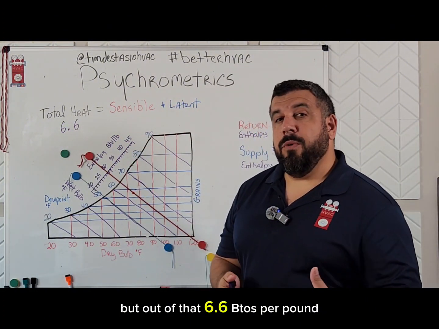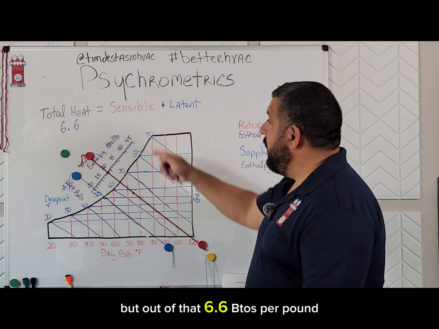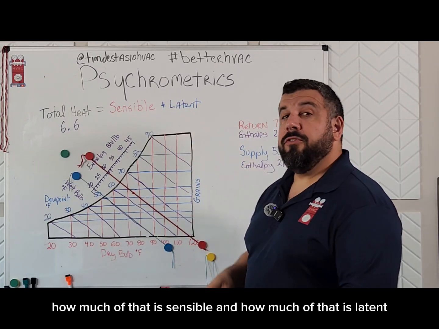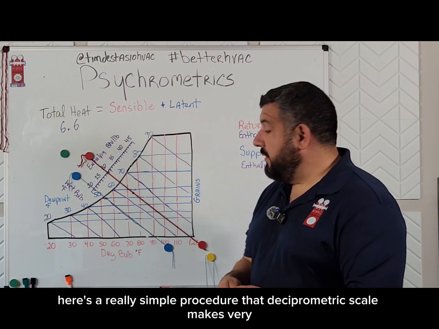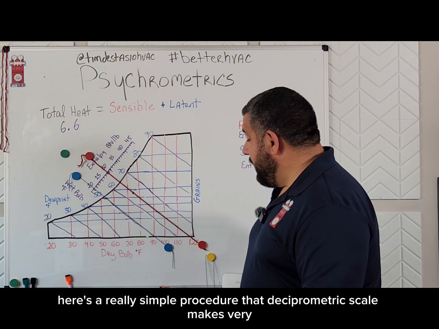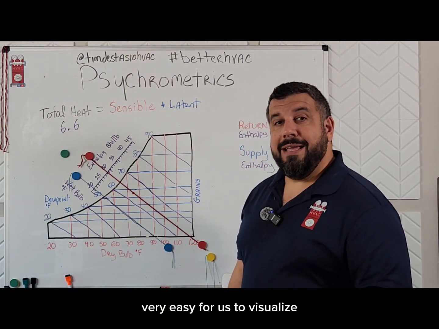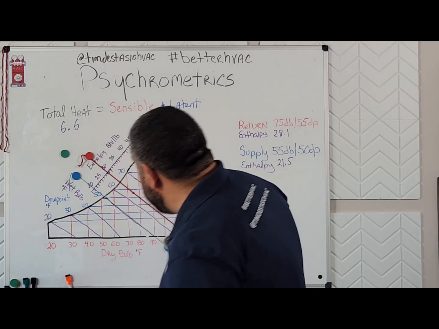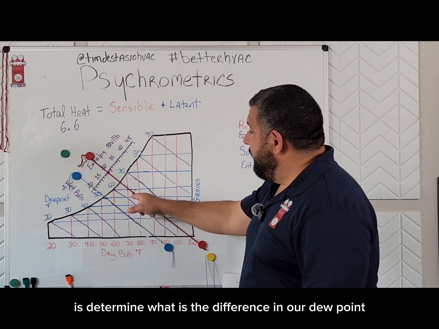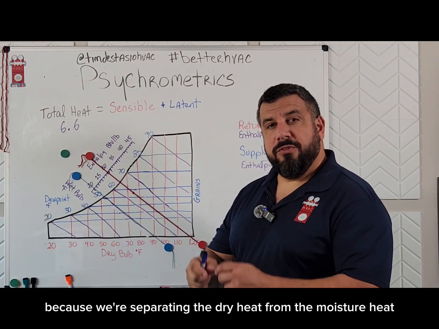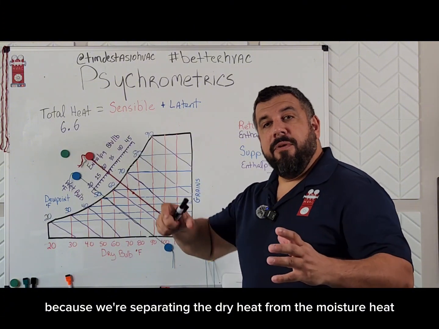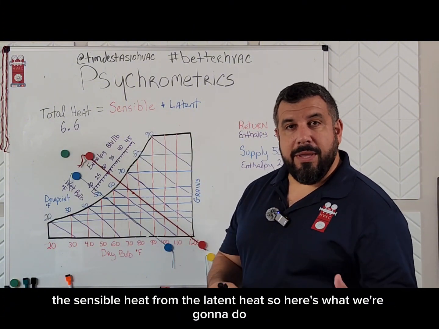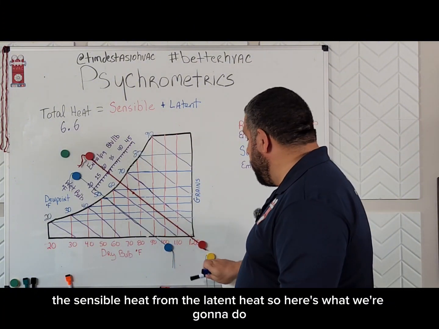But out of that 6.6 BTUs per pound, how much of that is sensible and how much of that is latent? Well, here's a really simple procedure that the psychrometric scale makes very easy for us to visualize. So the first thing that we're going to want to do is determine the difference in our dew point, because we're separating the dry heat from the moisture heat, the sensible heat from the latent heat. So here's what we're going to do.